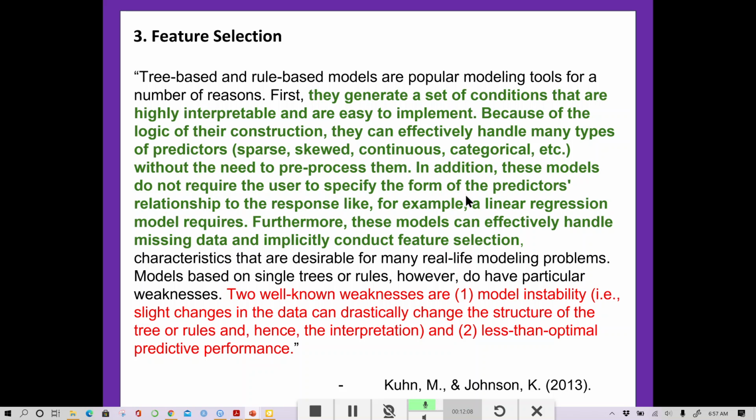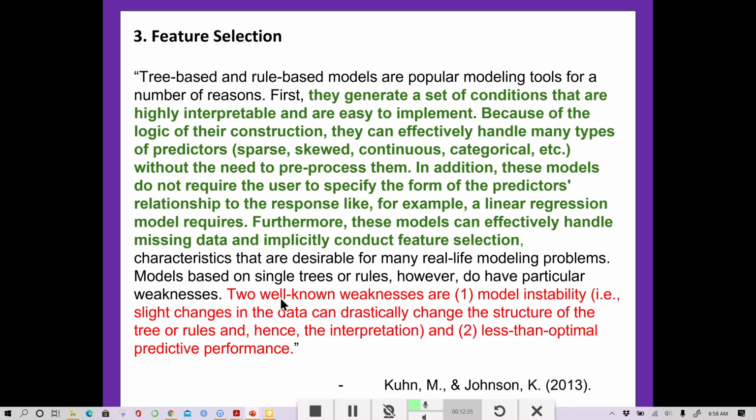Then in addition, these models do not require us to specify the form of the predictor's relationship to the response, much like we do in linear regression, where we make assumptions about the relationship between the response variable and the predictor variables.